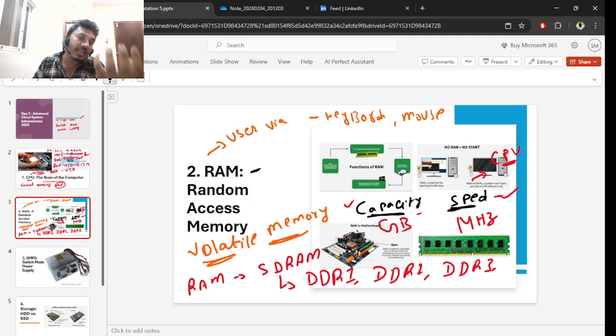In CPU we have i3, i5, i7, and in the same way in RAM we have DDR1, DDR2, DDR3, DDR4, and finally we are using DDR5. This DDR5 is the standard we use today.